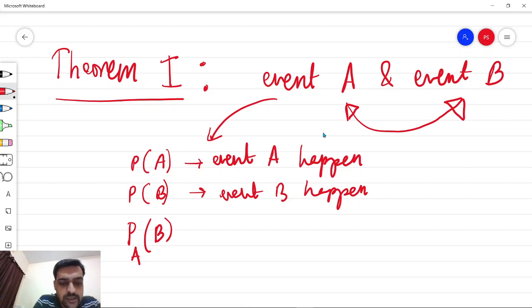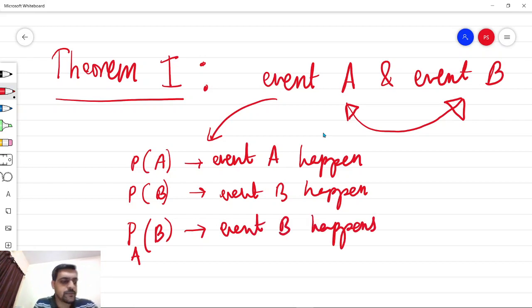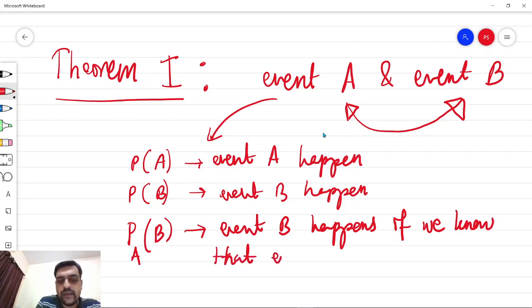PAB. So this notation implies that event B happens if we know that event A has already happened.